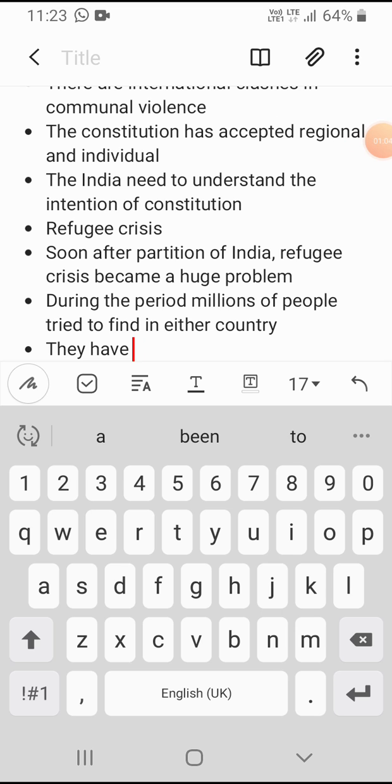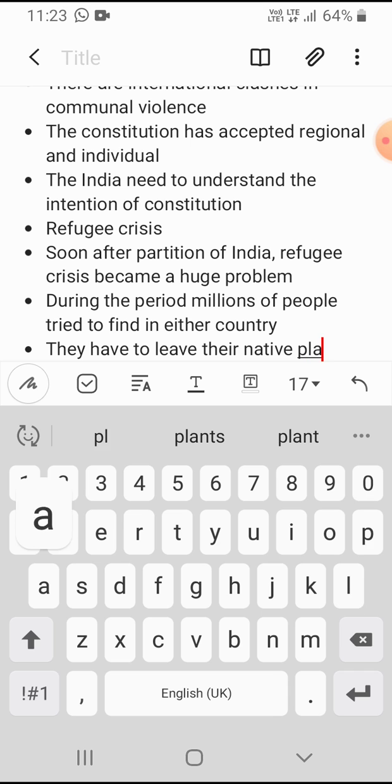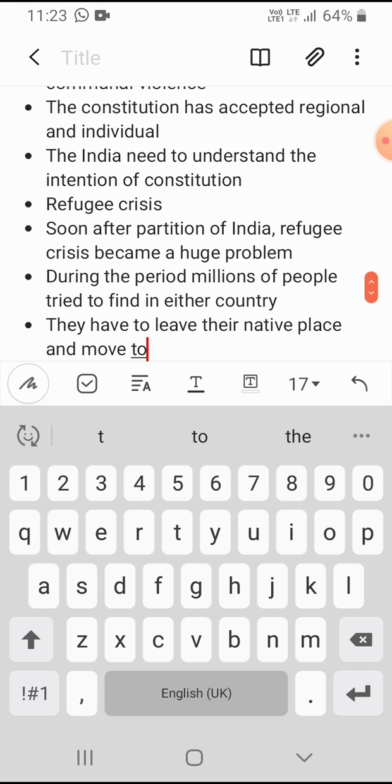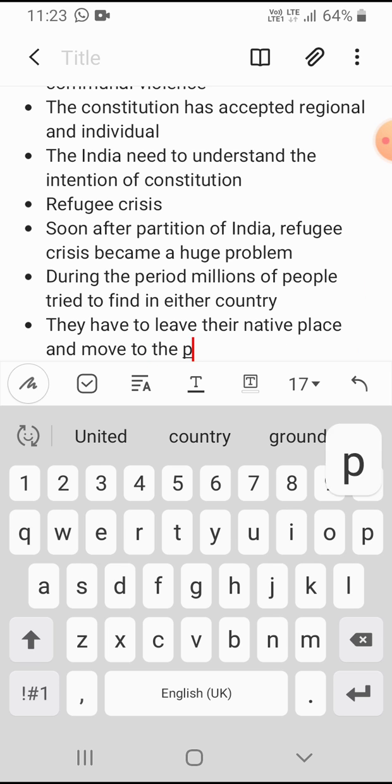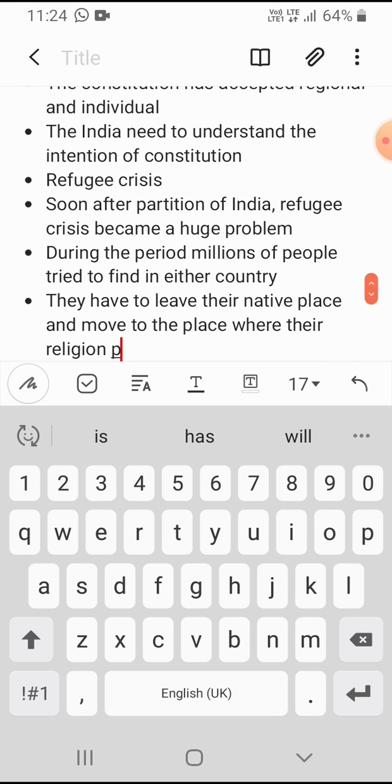They had to leave their native place and move to the place where their religion is in the majority.